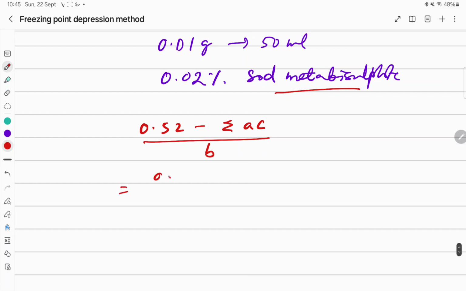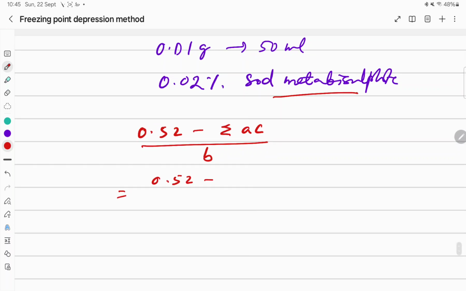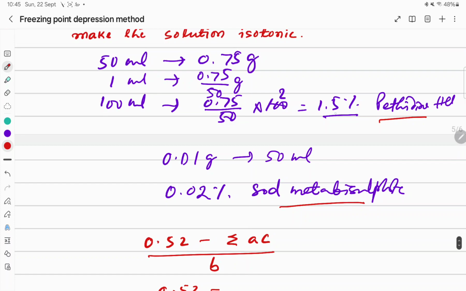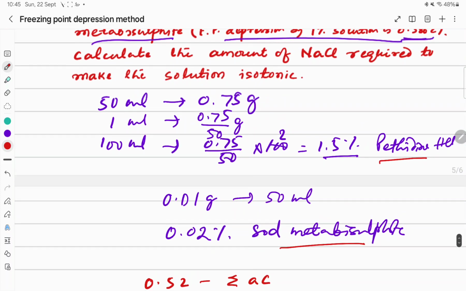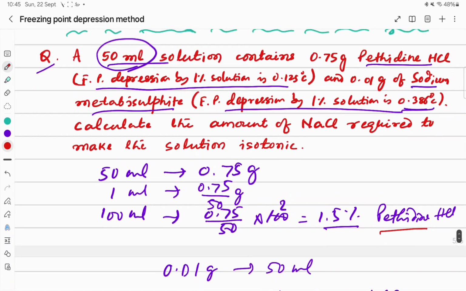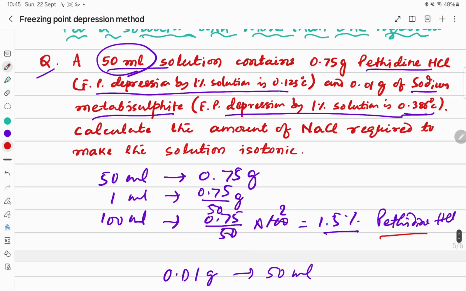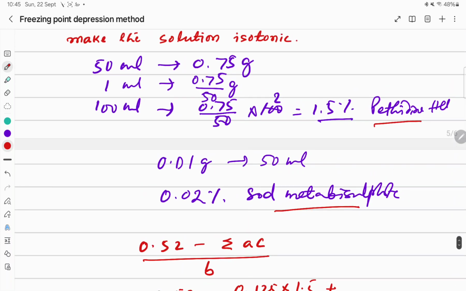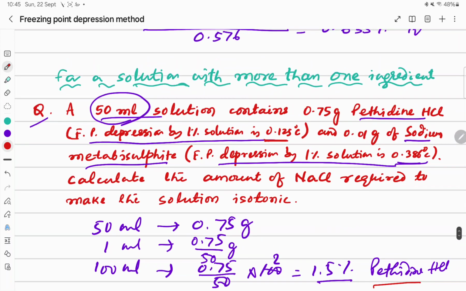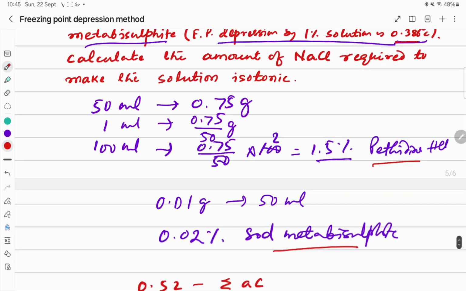So that will be 0.52 minus A, 1.5%. Sorry, this is C, and the A is 0.125 degrees Celsius. This is the freezing point depression. So 0.125 into 1.5 plus, for this one it is 0.386 degrees Celsius.